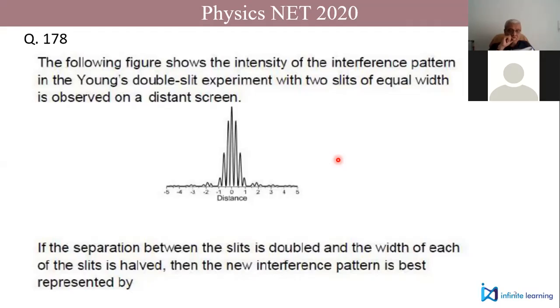So if you see from -1 to +1, can you see 1, 2, 3, 4, 3 plus 3? So -1 to +1, you have 7 peaks. If my fringe width is becoming half, I should see 14 peaks from -1 to +1, isn't it?